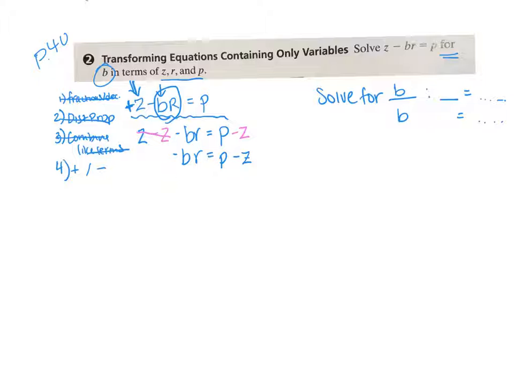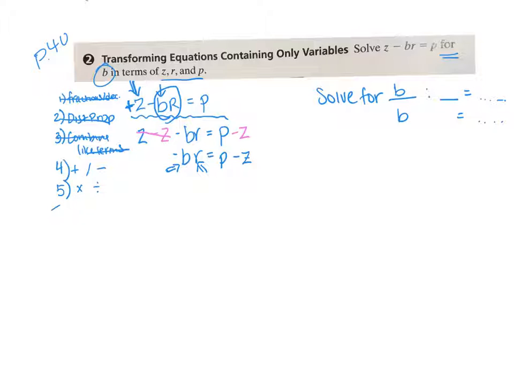All right, hopefully you're with me so far and the baby isn't distracting you too much. Now, I want to solve for B, which means I need to keep B here. So I don't want to move my B, I need to move my R. So how do I move my R? Am I adding, subtracting, or multiplying and dividing? Hopefully you recognize that BR is the same as B times R, so I'm doing multiplication.